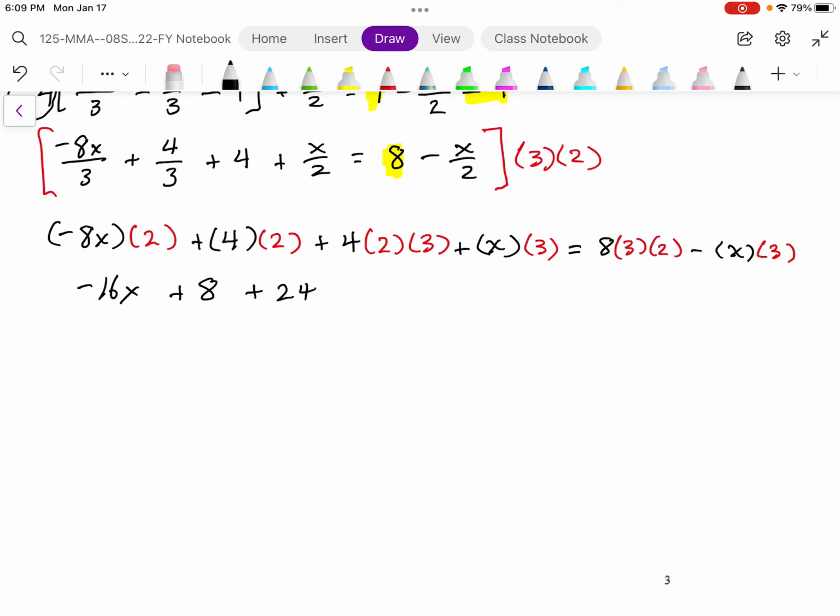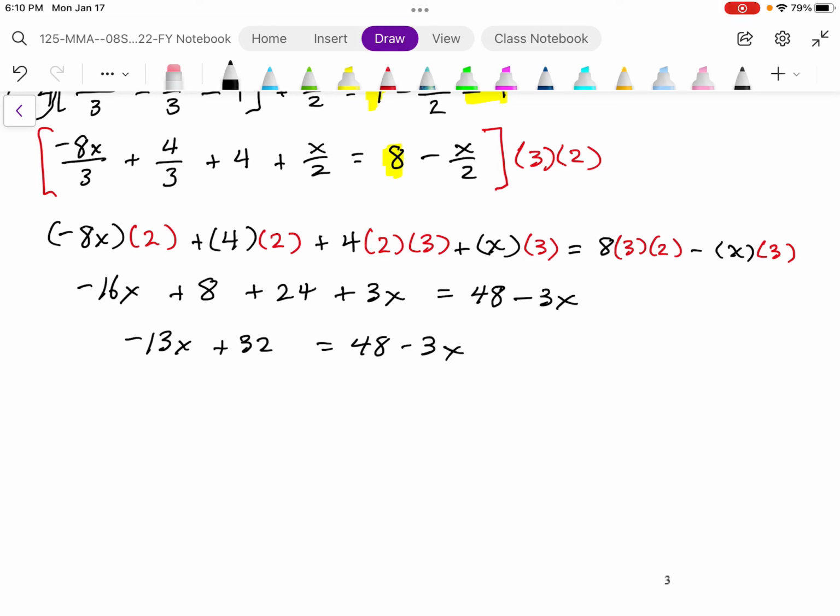I'm going to combine like terms when possible. So plus 3x. This ends up being 8 times 3 times 2. That's going to be 48 minus 3x. So combining like terms, I end up with negative 13x plus 32, and that's equal to 48 minus 3x.